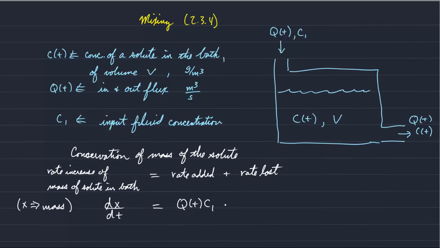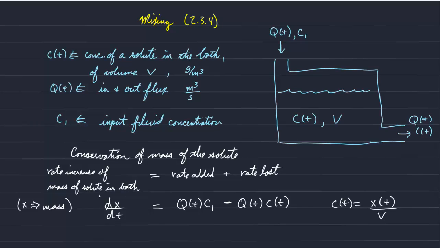And then the rate lost is, well, minus Q of T times the concentration of the fluid leaving the bath out of the exit valve. And the concentration C is related to the mass by, again, the mass over the volume of the fluid.